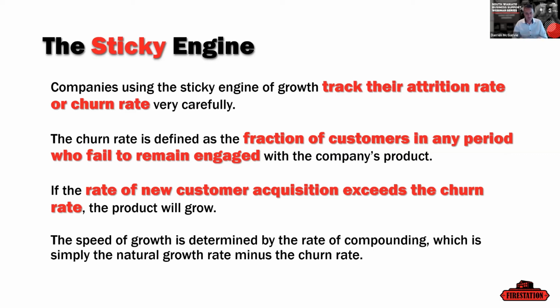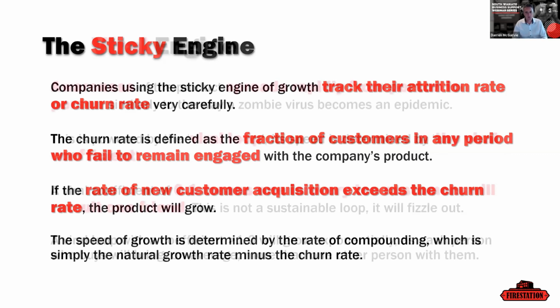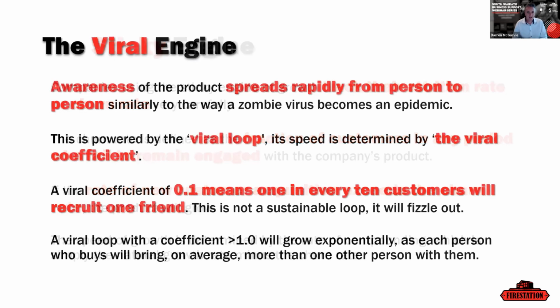So that's one metric. And then the other one is something called the viral coefficient. This is out of the Lean Startup book, and he talks about these viral coefficients. So 0.1 means, as it says there, 1 in every 10 customers will recruit 1 additional person, and that's not sustainable. Ideally you want a coefficient of greater than 1.